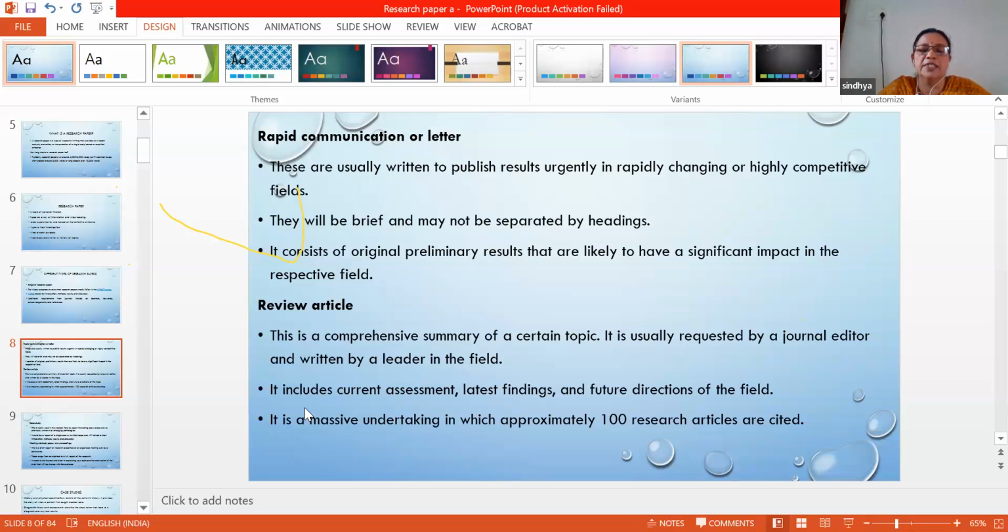Especially we are reviewing a situation, or even reviewing certain studies, and we can present it in the form of a paper. That is also a kind of review article.